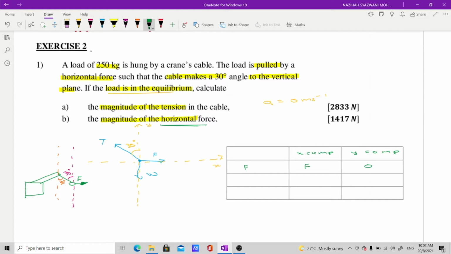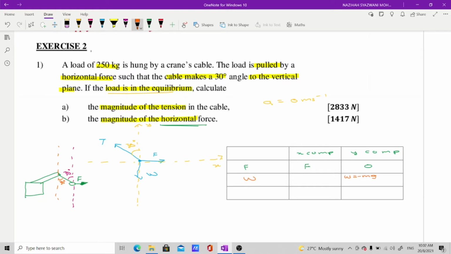Next, let's look at weight. Weight is acting along the y component, so weight equals mg. Mass is given, g is 9.81. If you look here, the weight is acting downward, so we have to put the negative sign.